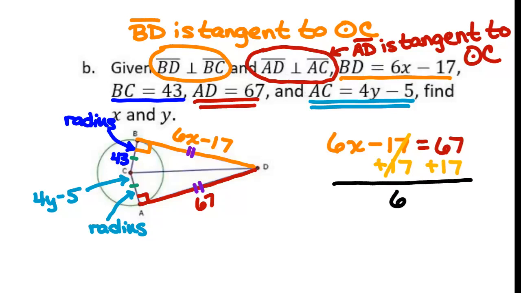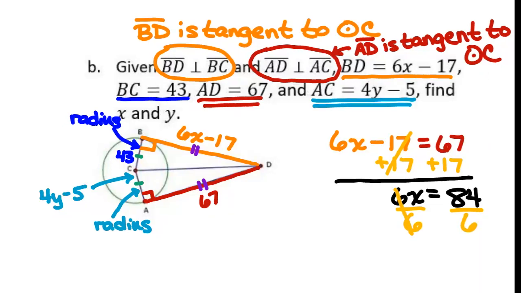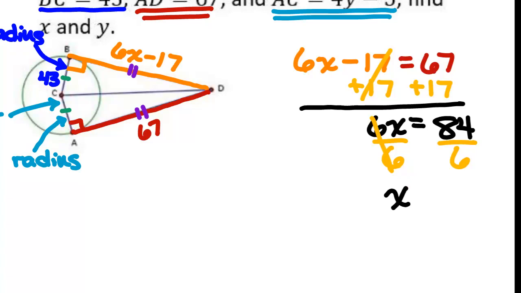So that would give me 6x equals what? What is 67 plus 17? 84. And then we're going to divide both sides by 6. And 84 divided by 6 gives me what? 14. So x is 14.